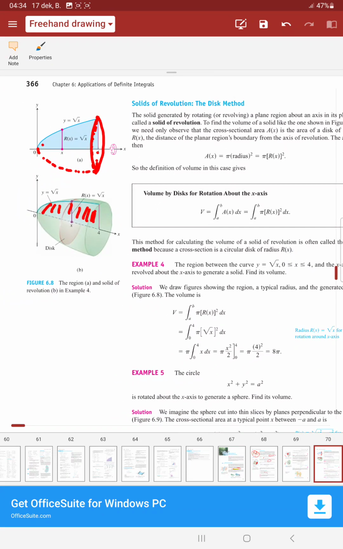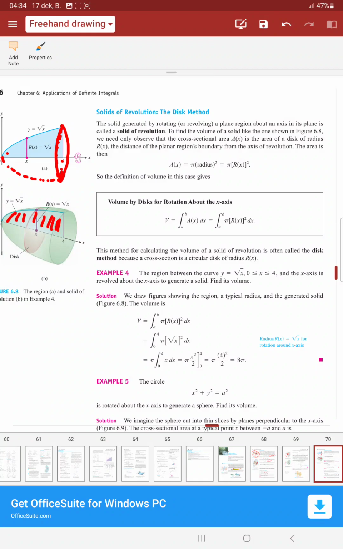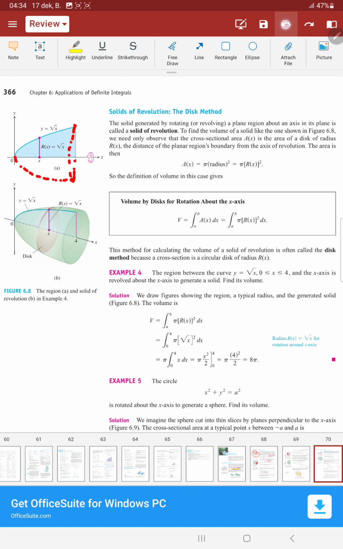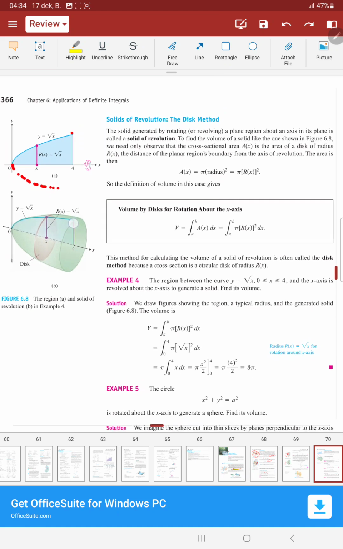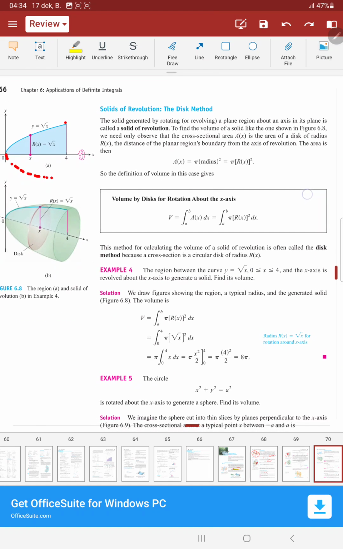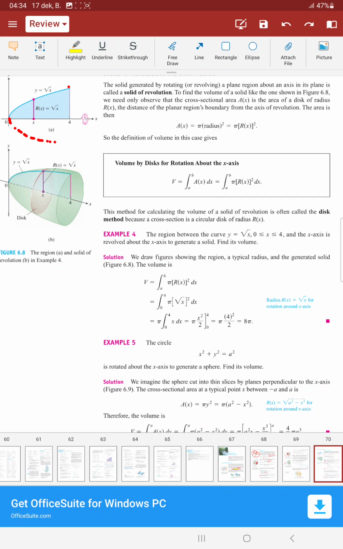And we have a formula for that. You know that if we rotate something by the x-axis, of course we'll get a circle as the cross section. And the area of the cross section, the area of a circle, is pi r squared.